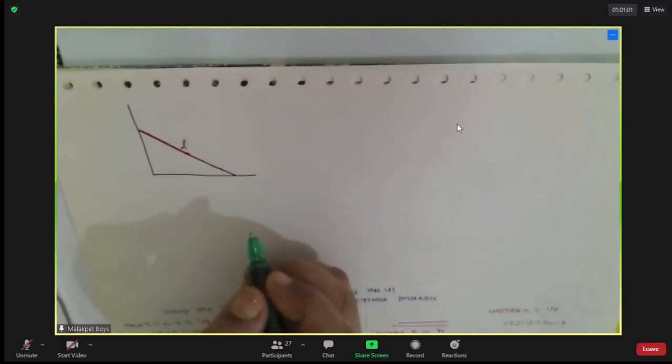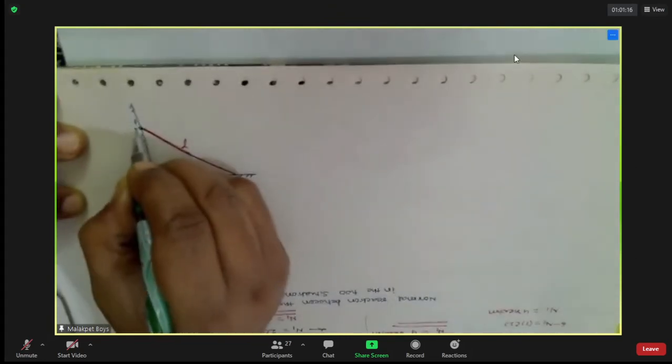See, in the examination a question is asked. There's a rod like this. The length is L. Now what he says is, this is the wall. The question is, this end moves with uniform velocity.